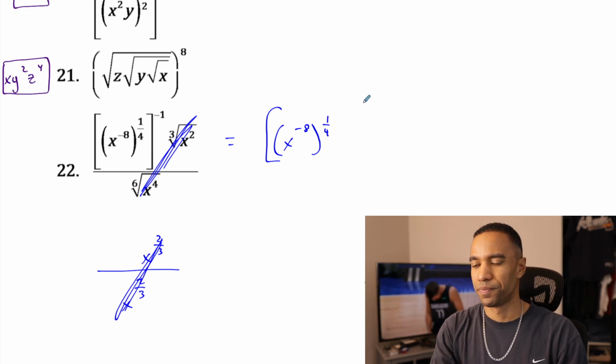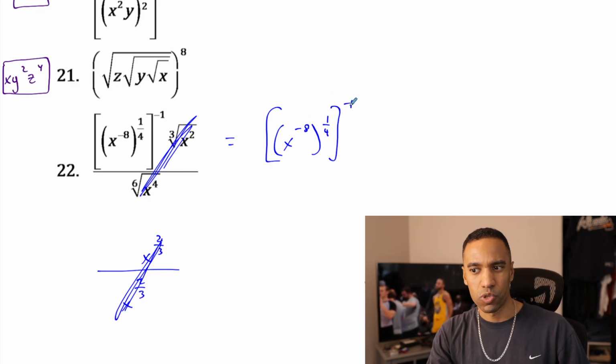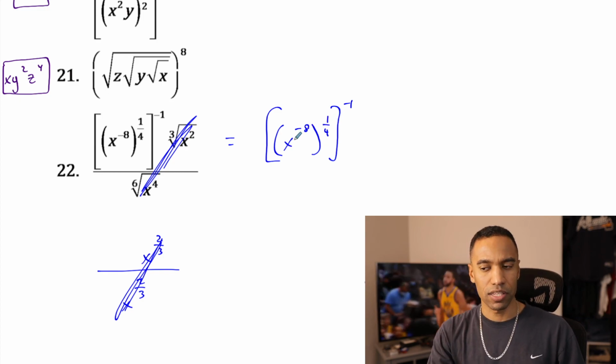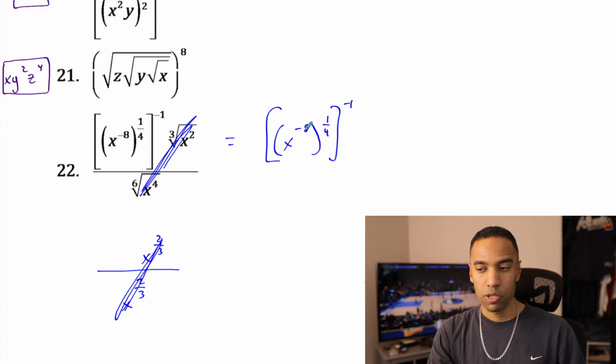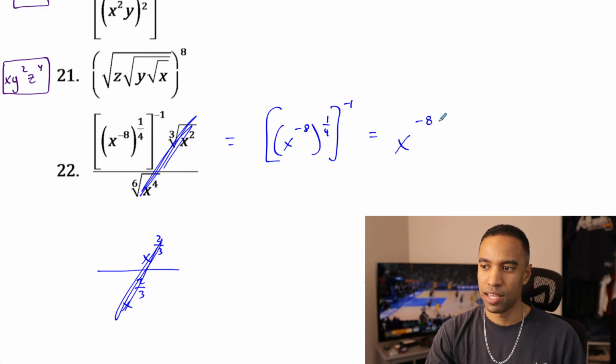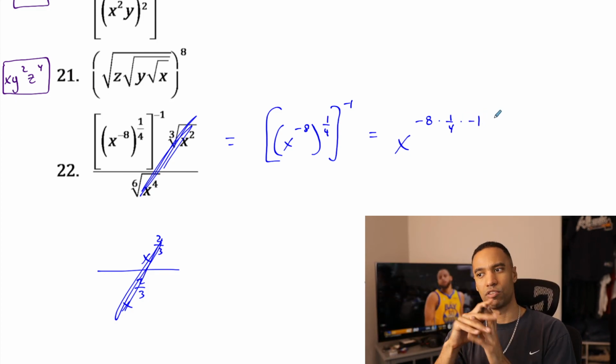But it's just a -1, and it's going to interact with other exponents. Why don't we multiply these? In fact, all of these multiply together. This is not just a power to a power. It's a power to a power to a power. All these multiply. This is x to the -8 times 1/4 times -1. Negative exponents turn positive immediately.